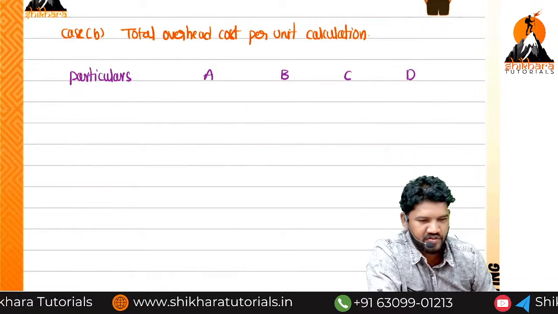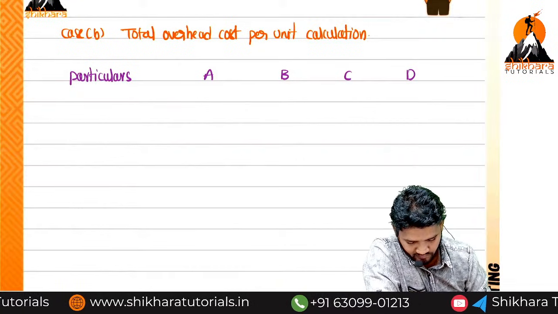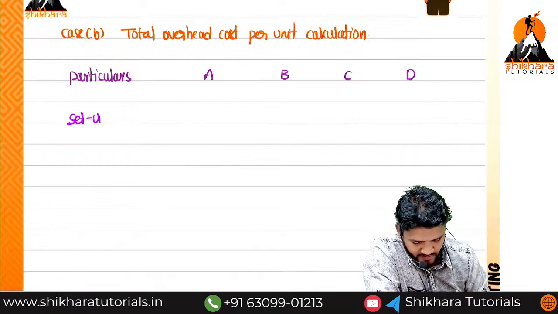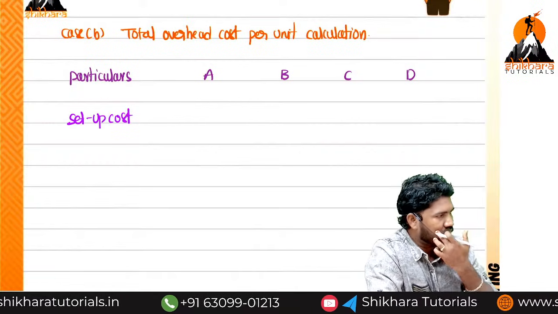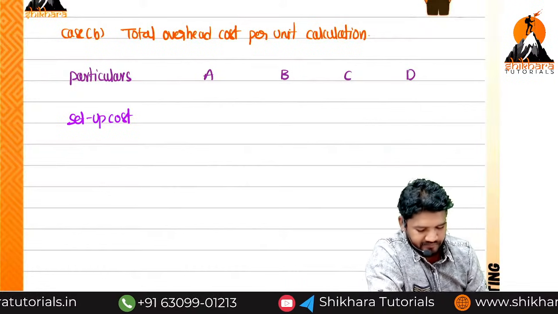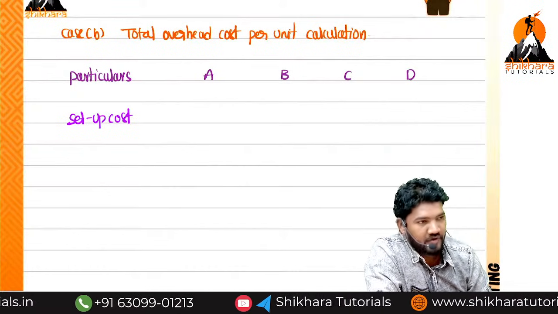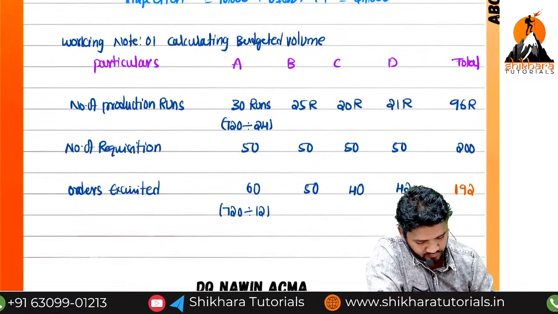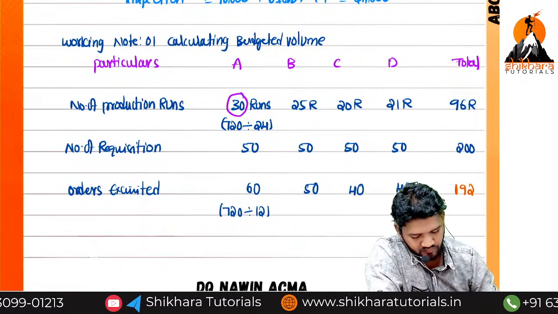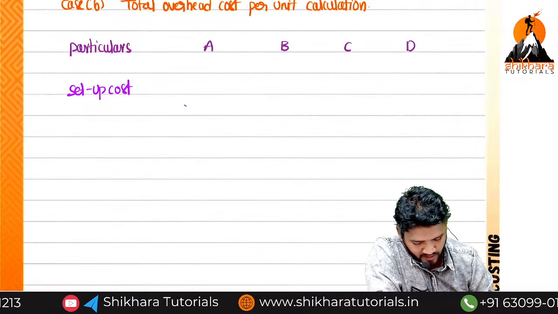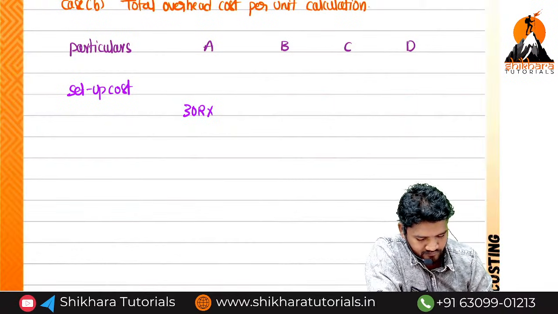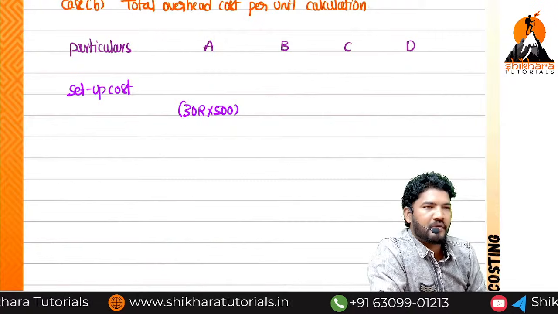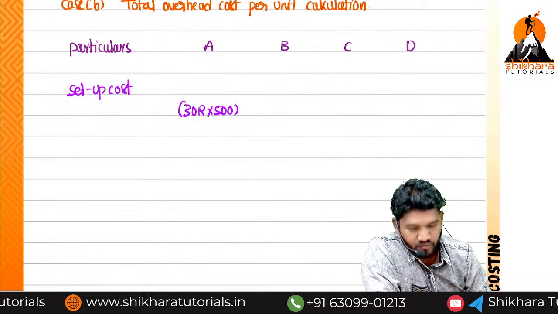What about the first cost? Setup cost. Tell me the calculation part. Number of setups, please. Thirty runs per run. Setup cost apportionment happens. Completed. Answer 1.5.